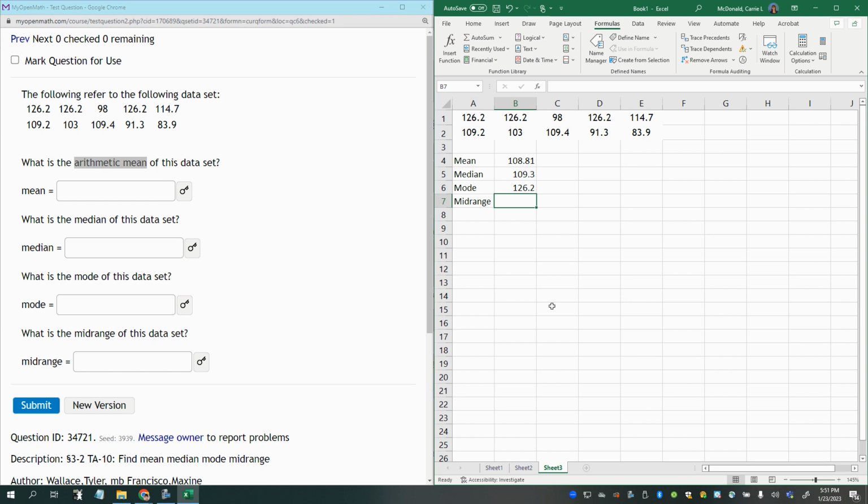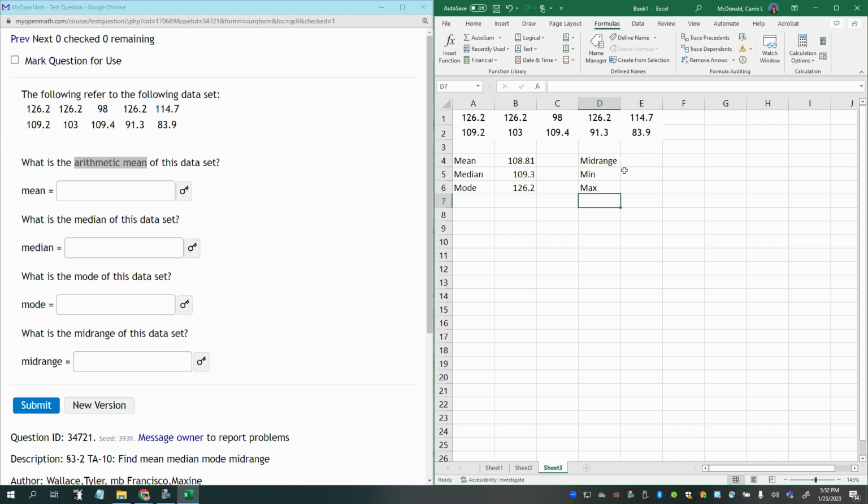Then the mid-range is just going to be taking the smallest value, which is my minimum. I'm going to do this really quickly. To help me with getting my mid-range, I'm going to need the minimum and the max.